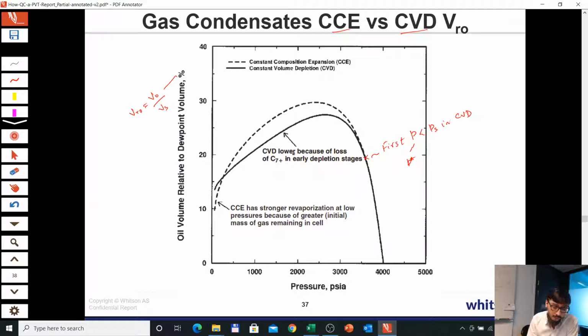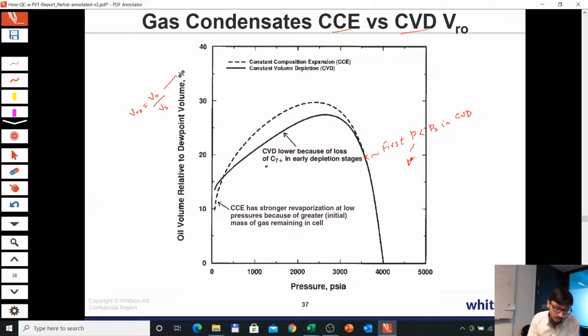When we remove the equilibrium gas phase, we are losing the total C7 plus content in the CVD gases because we are producing these equilibrium gases. So the remaining gas in the PVT cell becomes leaner, it has less C7 plus content, and it has the tendency to drop out less liquid compared to what we have in the CCE experiment.